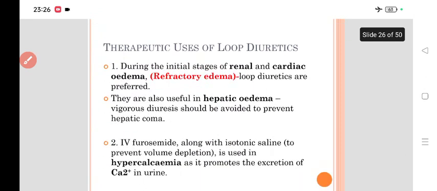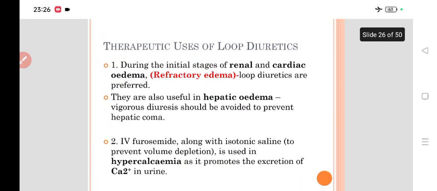Now, the therapeutic uses of loop diuretics, where we can use furosemide or Lasix.